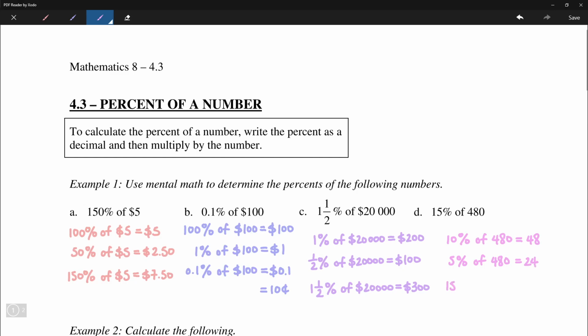So 15% of 480 would then be the sum of the previous two, which is 72. In these cases, we did not need a calculator. We can just use mental math to figure out what the percent of the numbers are.